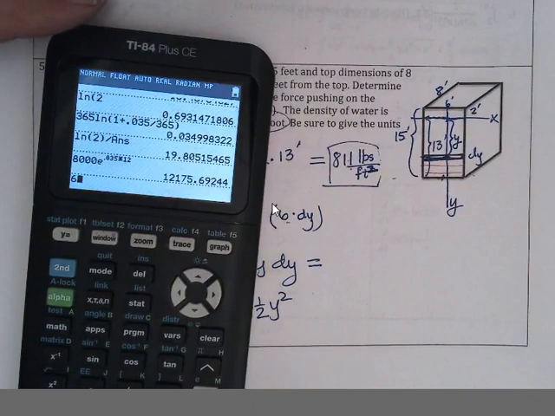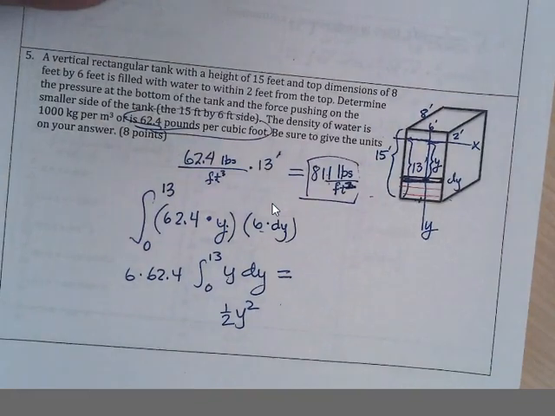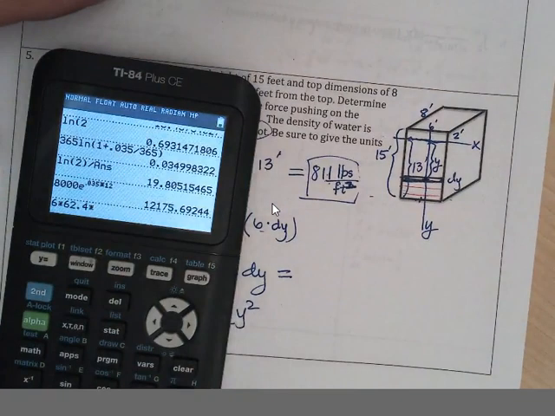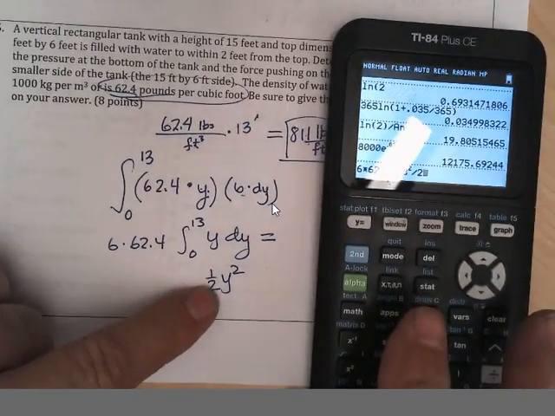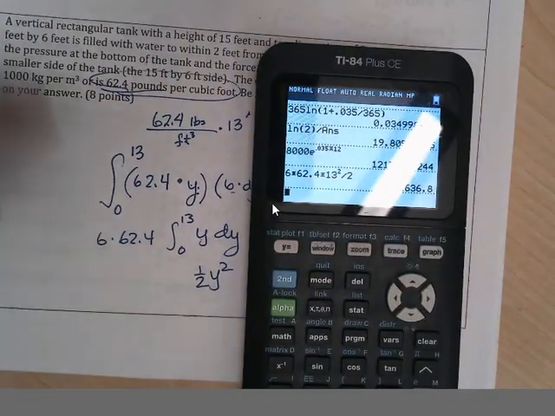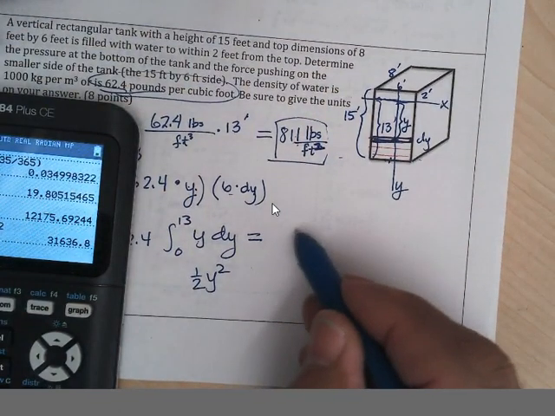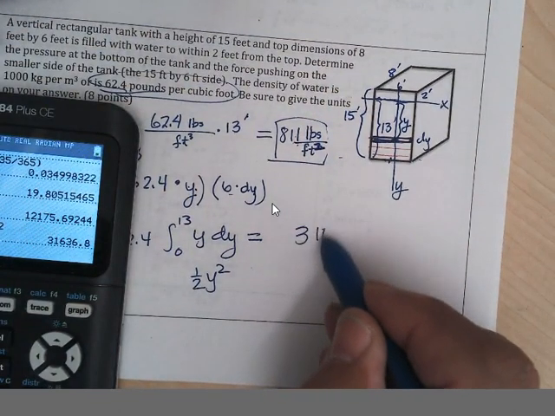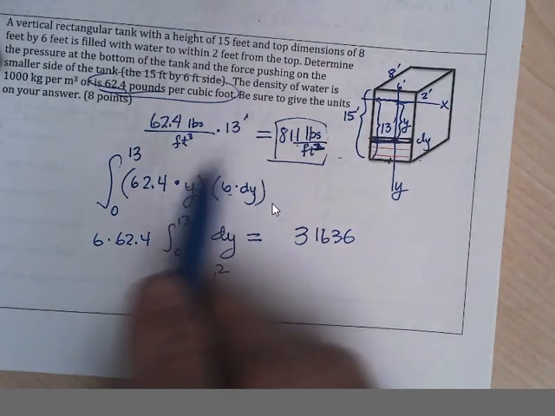It'd be 6 times 62.4 times 13 squared divided by 2, and I get the answer that I got doing it the other way in class, which is 31,636.